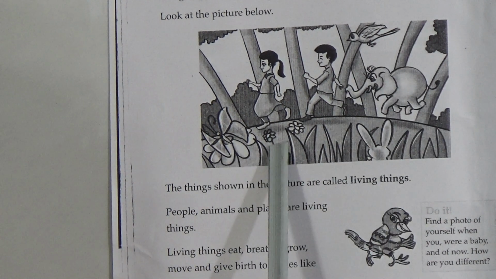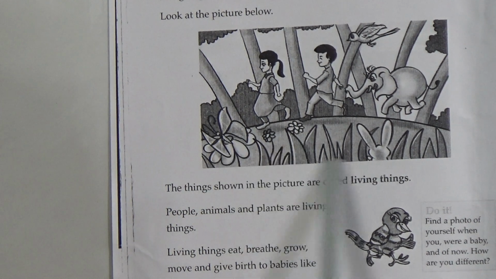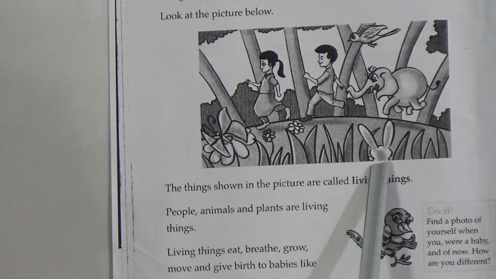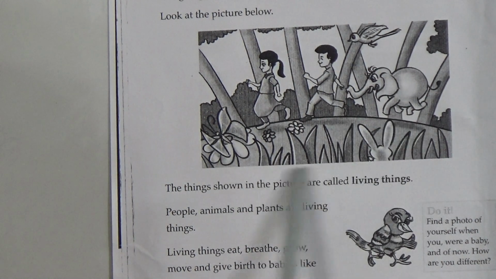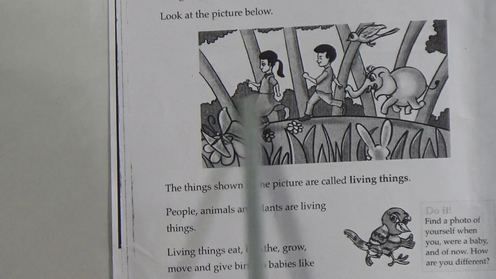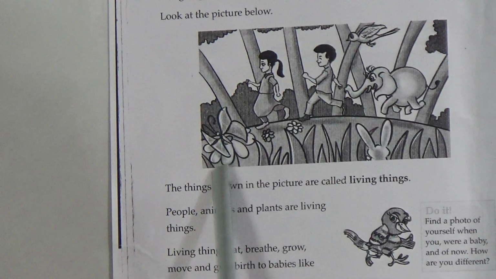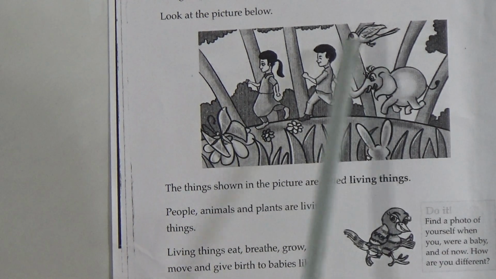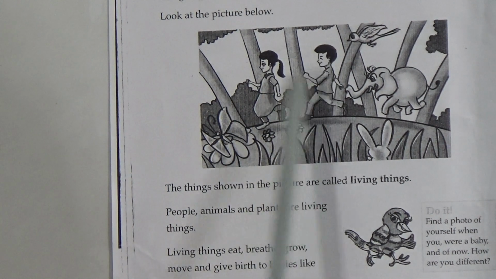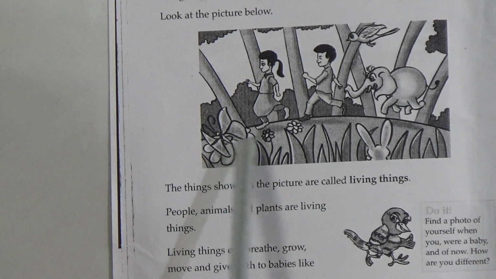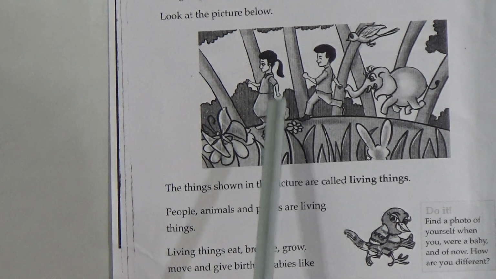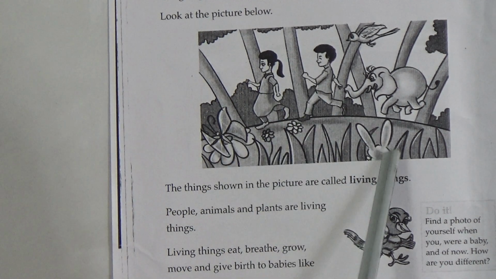A butterfly is moving from flower to flower, and we also see the back side of a rabbit. Also there are bushes, a tree, and grasses. So in this picture we see one boy, one girl, one elephant, birds, butterfly, flowers, grass, trees, and a rabbit.